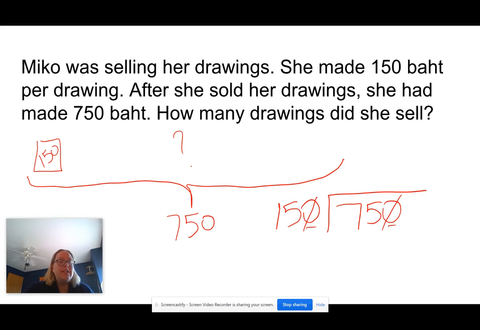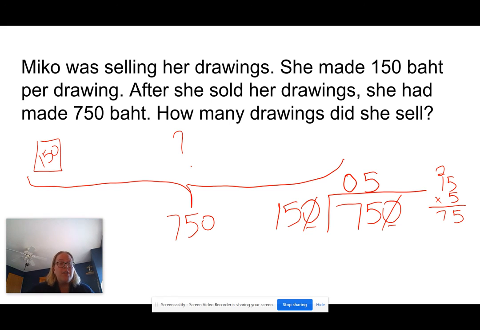Now 15 does not go into 7. I want to think about what 15 times what is 75. Let's say, what is 15 times 5? 5 times 5 is 25. 5 times 1 plus 2 is 75. So I know that 15 goes into 75 5 times.